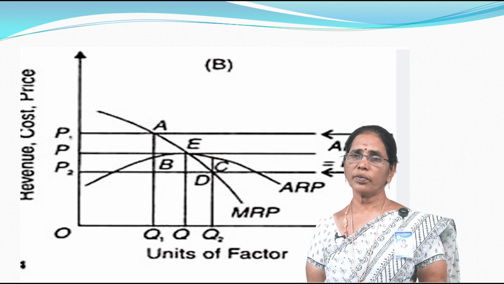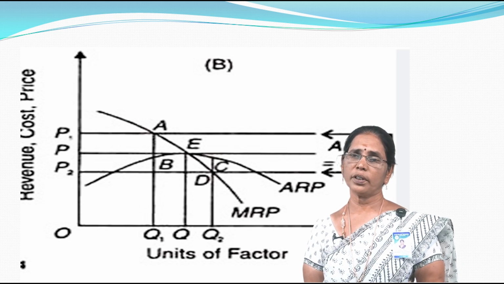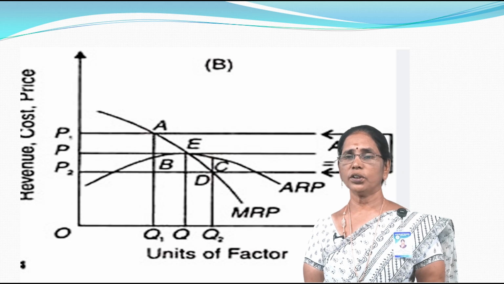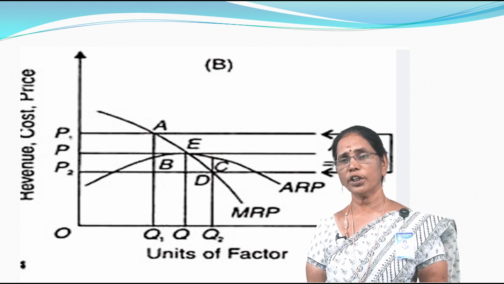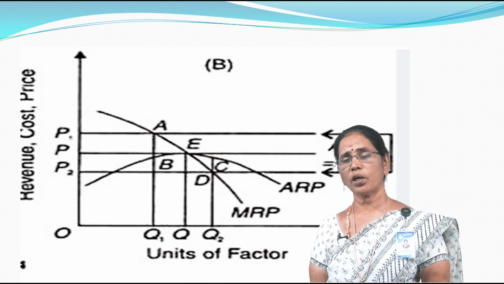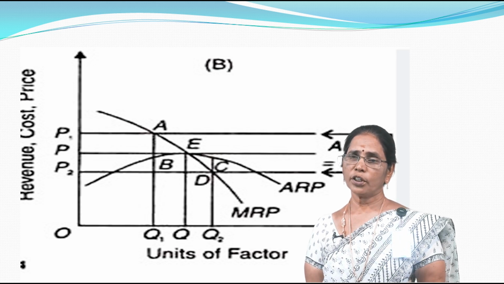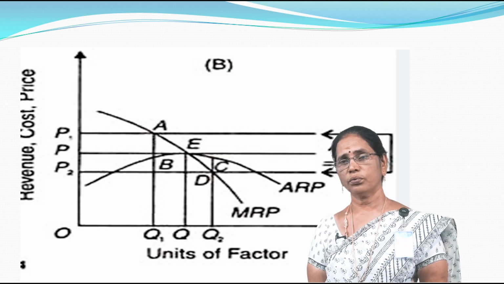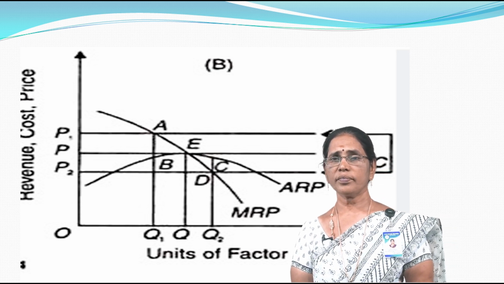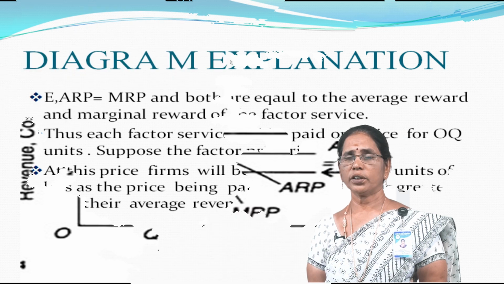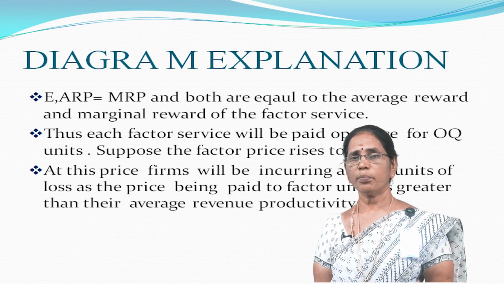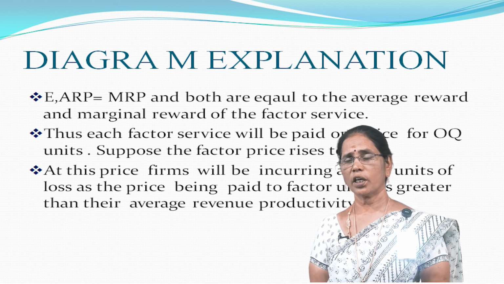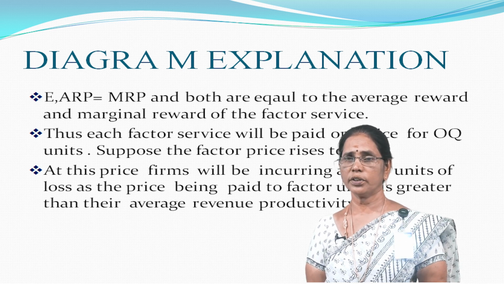Then in the case of another equilibrium, A, B, C, D, when the price of the commodity is changed, at the same time the total units, that is the total output, will be reduced from Q to Q1, or increased from Q to Q2. Next, the diagram explanation: ARP equals MRP, and both are equal to the average reward and marginal reward of the factor services.